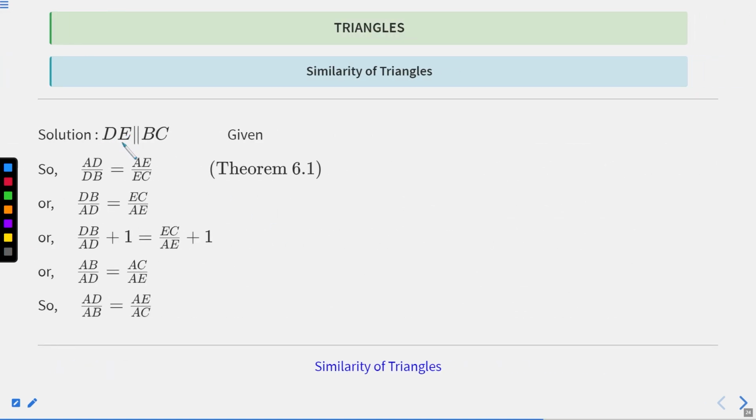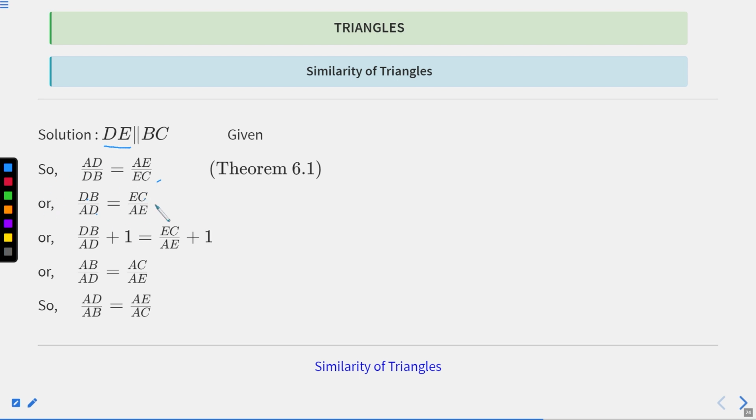Here we are given that DE is parallel to the side BC. So from the previous theorem 6.1, we get that the ratios are equal. AD over DB is equal to AE over EC, or DB over AD is equal to EC over AE.